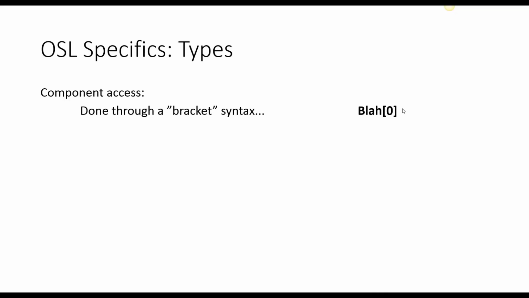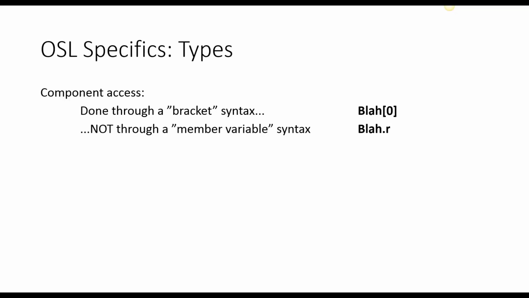So it thinks of the type as an array with 3 values. And since programmers are programmers, of course we start counting at 0. So the first item in the array is numbered 0, the second is numbered 1, and the third is numbered 2. Obviously, because we're programmers.